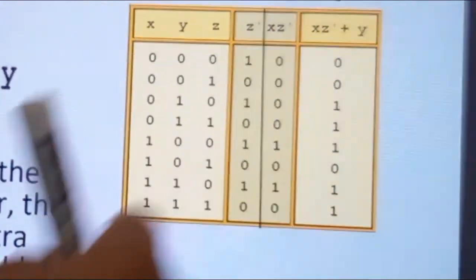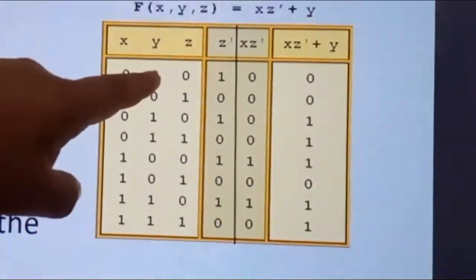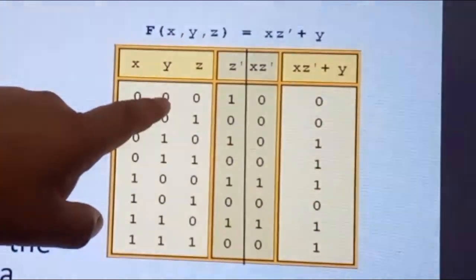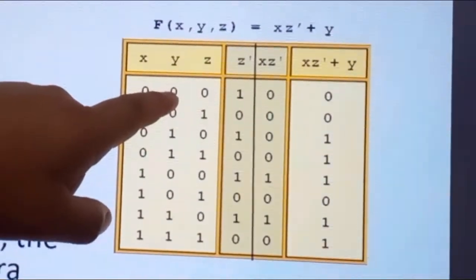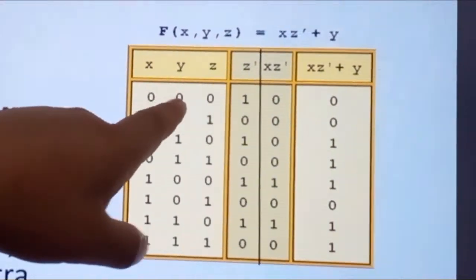What truth table do we use? OR. So meaning if there is a true statement, even just one, automatically the answer is true.